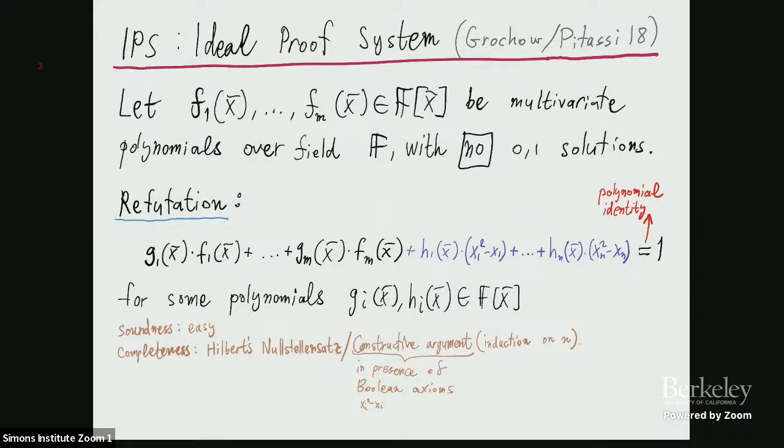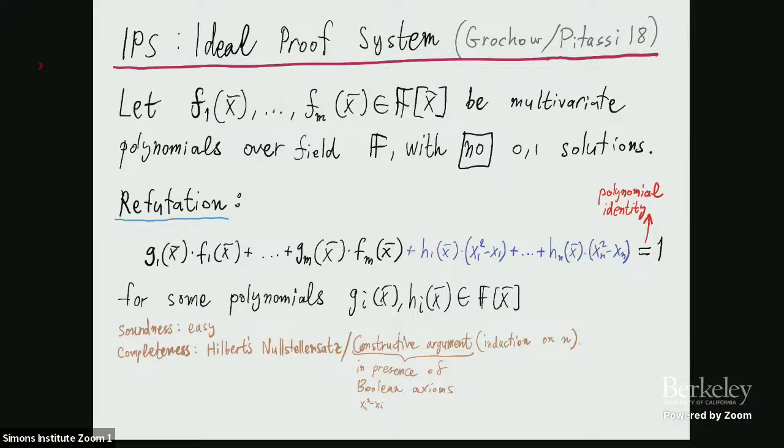Right, this is a bit small font, but the soundness is easy. It is sound because if you have a proof, then the system must be unsatisfiable. Otherwise, you wouldn't get 1 here. And completeness, well, two proofs are possible here, or maybe more. One is Hilbert's Nullstellensatz.